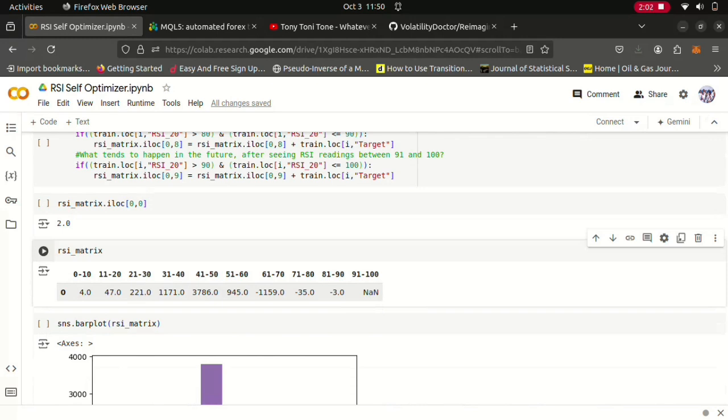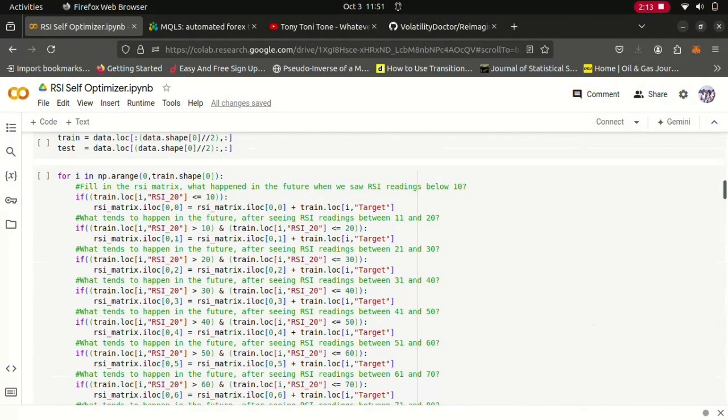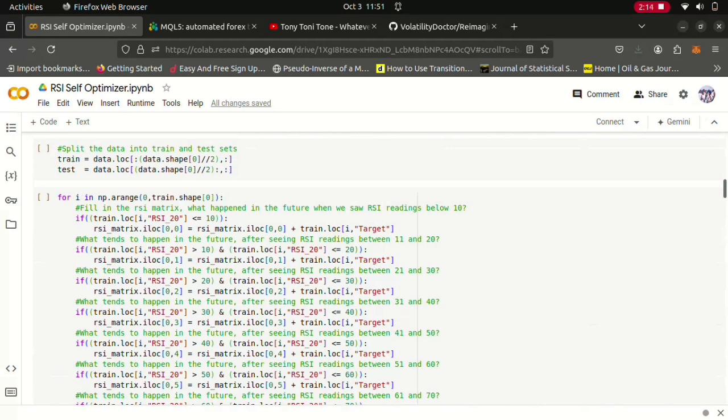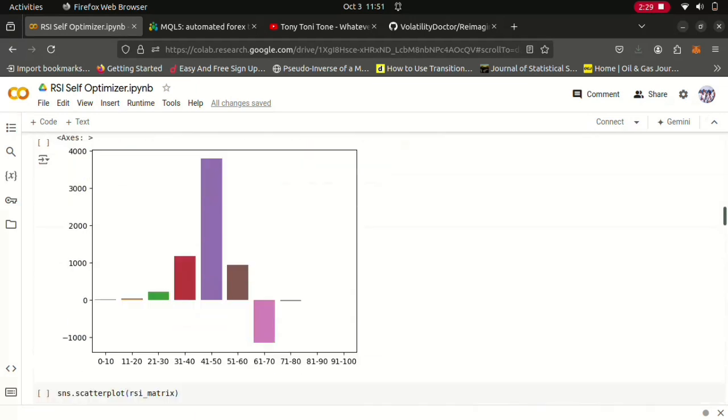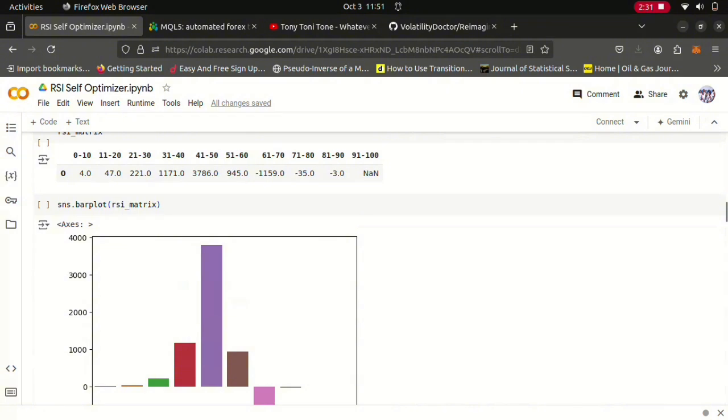And if the column had a negative value, that means price had a tendency of decreasing after passing through that zone. As you can see, for this last zone, the 91 to 100 level, we got NaN, not a number. That means in the training set, because we performed this partition on the training set, and I'm sorry if I moved too fast and forgot to say that, we split the data into train and test sets, and then on the train set we performed these calculations.